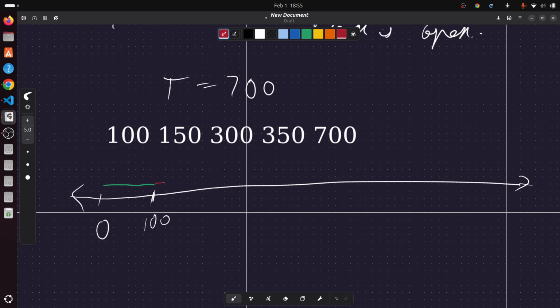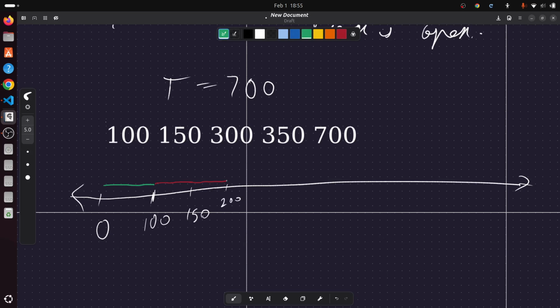Now Aoki again comes and peeks at our desk at time t equal to 150. But actually right now the box is not even opened yet, right? The box is still closed till t equal to 200. So until 200 the box is closed, and then we'll open it, right?